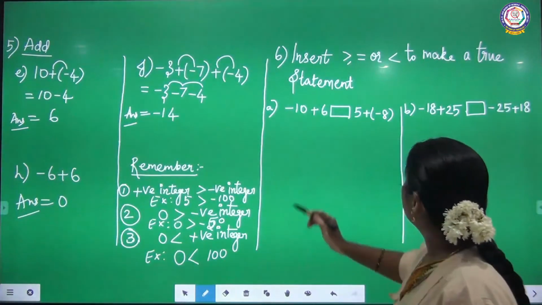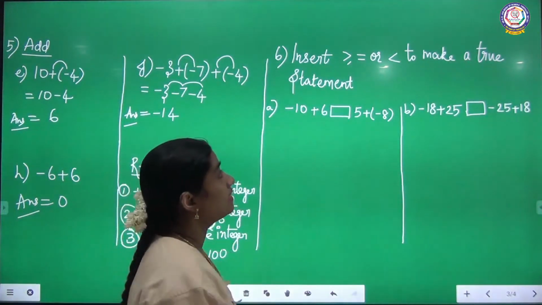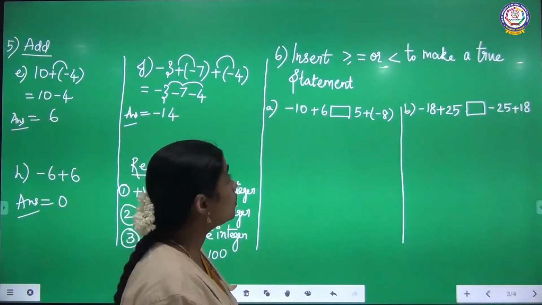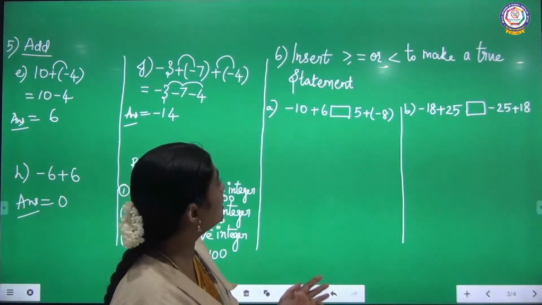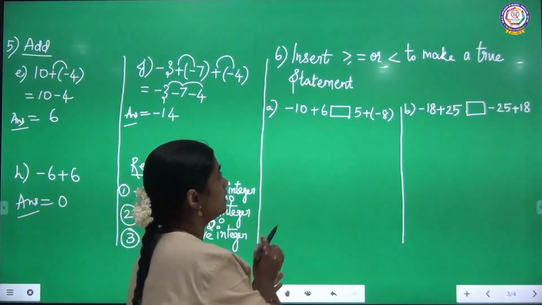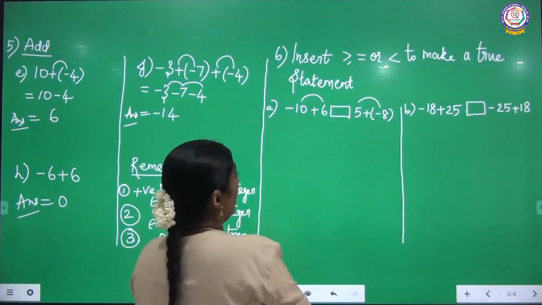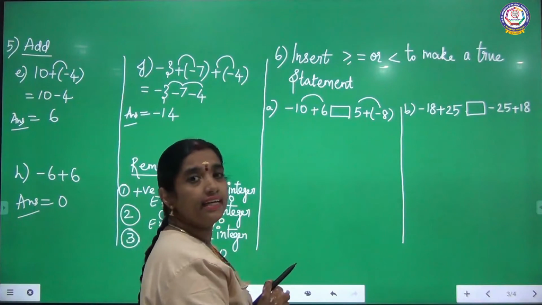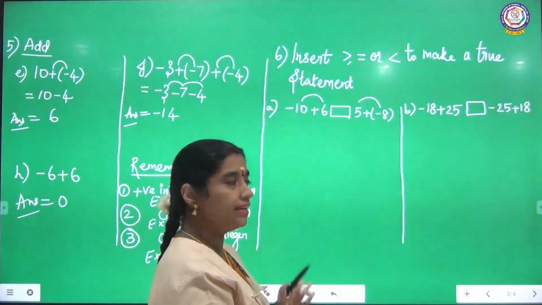Now, listen children, insert greater than, equal, or less than to make a true statement. So, I am going to simplify these two expressions, and I am going to insert here whether it should be less than, greater than, or equal.